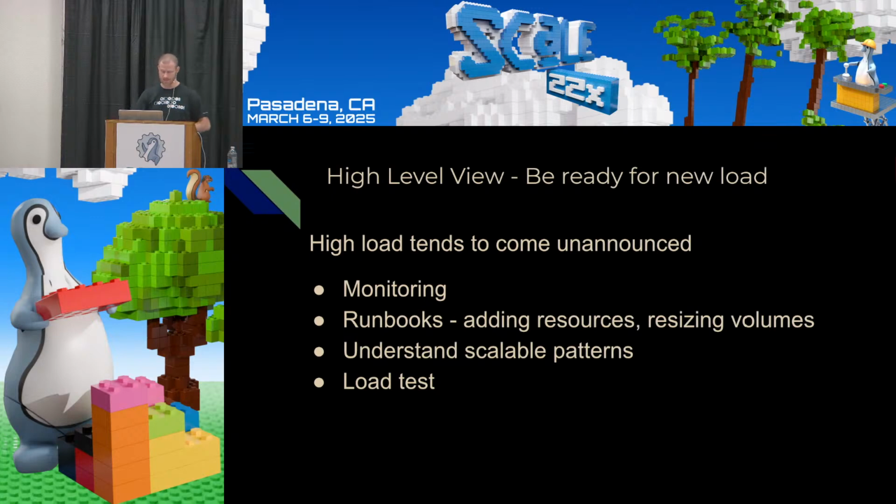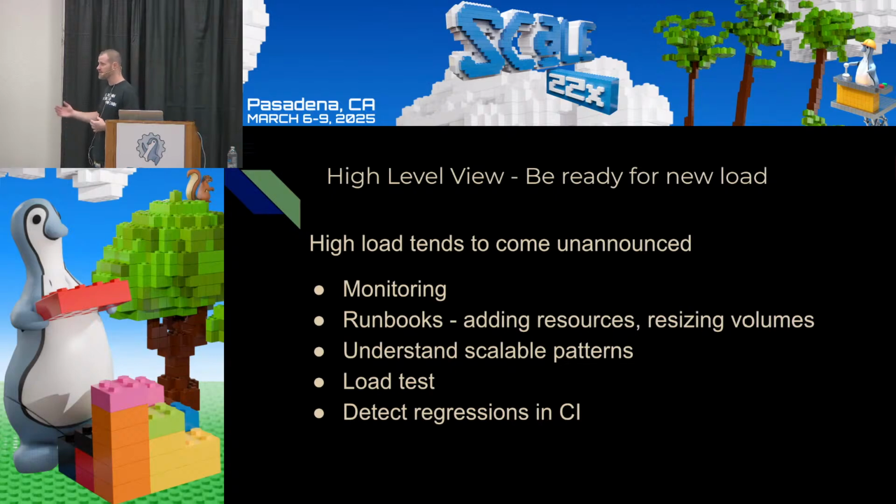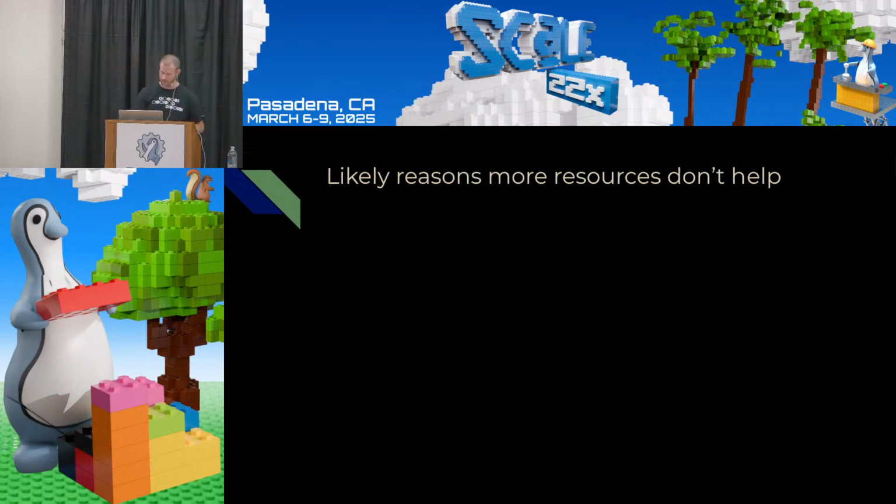And really load testing ahead of time, and ideally detecting load regressions in CI and CD before you deploy is critical, because these things rarely show up in dev, right? If you have a performance issue, you're not going to notice on the app running on your laptop. You're going to notice when you have 1,000 people looking at it.